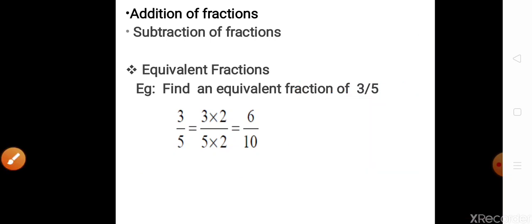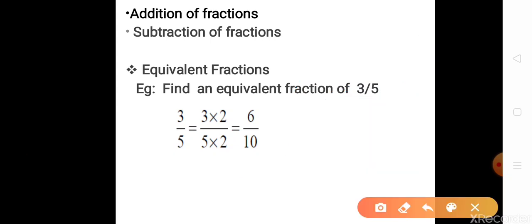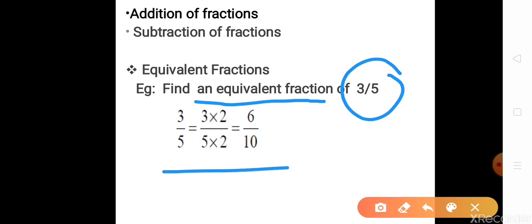So in your earlier class, you have got questions where you have to find equivalent fractions of a given fraction, like this one. Say we have 3 by 5 as the given fraction, of which we have to find an equivalent fraction. So how are we going to do it? It's quite simple. What we did is we extended the fraction here and we multiplied both the numerator as well as the denominator by the factor, or say number, 2.